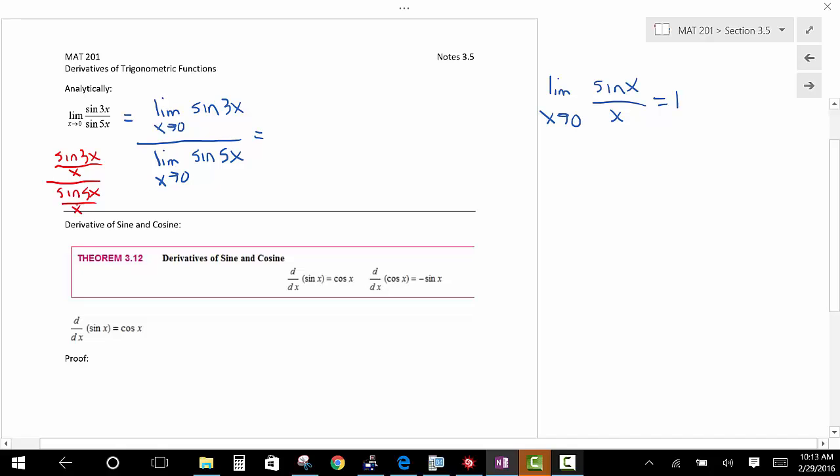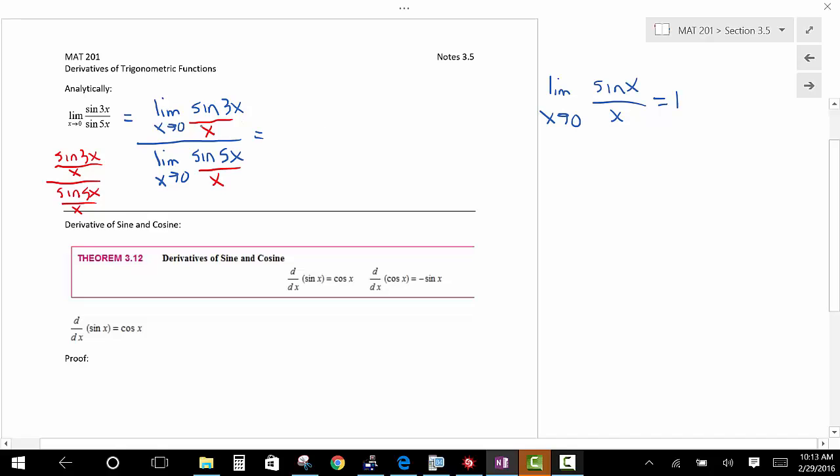That's a valid thing to do. We're not changing the problem. If you divide the top and bottom by x, you're not changing anything. You're doing the same mathematical operation to the top and the bottom. So I'm going to have you add in an x like that.